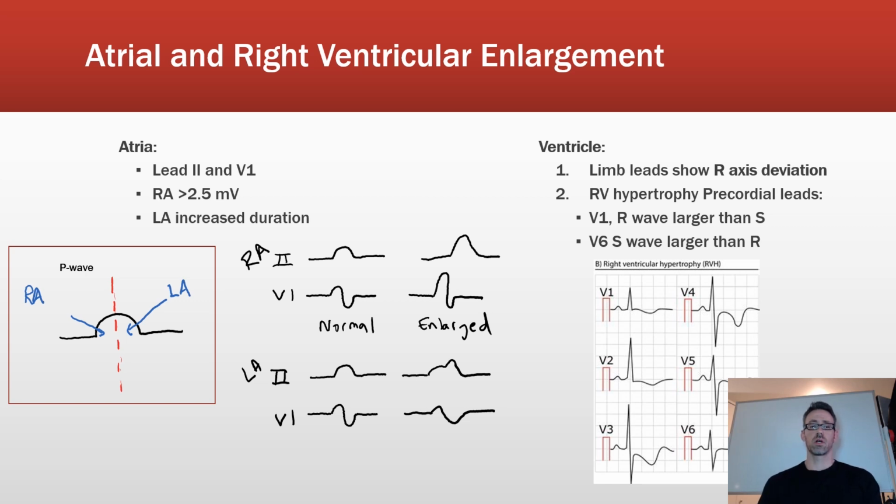So here, when we talk about atria, let's start with the atria. I told you guys from the prior lecture that when we assess the atria, the mean electrical axis in the atria points primarily at lead 2 over here.